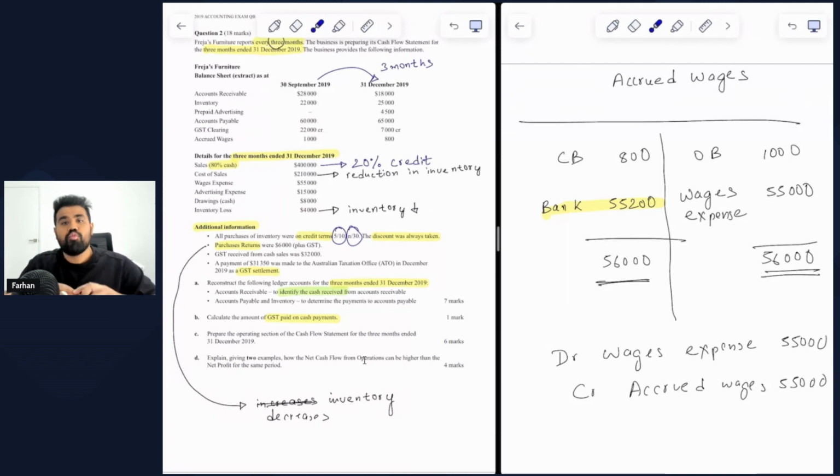So all these things that we have just discussed could all add up, and then you will see that the net profit could be lower or the cash flow for the period could be higher. That is why you need to check the question carefully, and you've got to talk about similar stuff from all the examples that we have discussed in the exam if you want to get full marks.